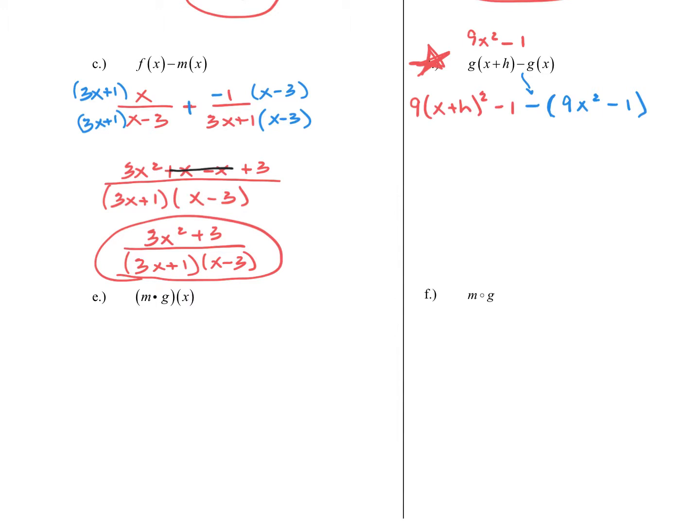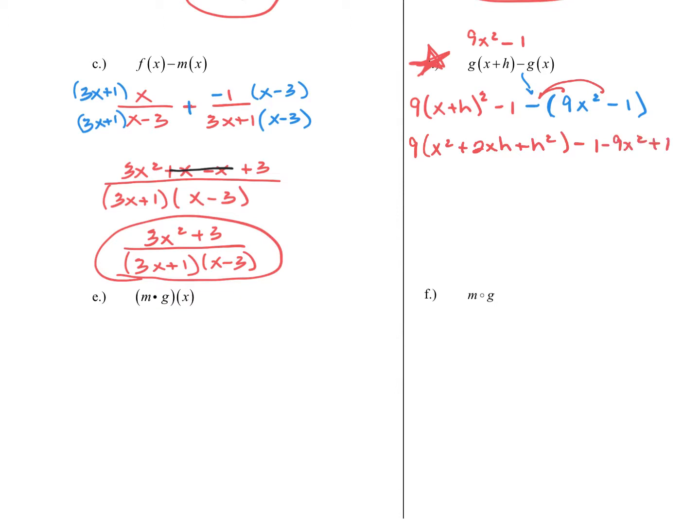So in the next step, we're going to FOIL this x plus h squared. I'm still going to have a 9 as a coefficient, and I'm going to have an x squared, 2xh plus h squared. And in that parentheses, I'll still have a minus 1. And now I'm going to distribute this negative, so it's going to become minus 9x squared plus 1.